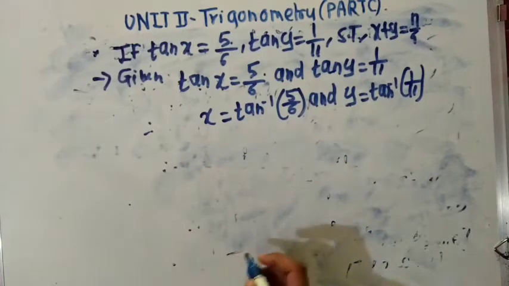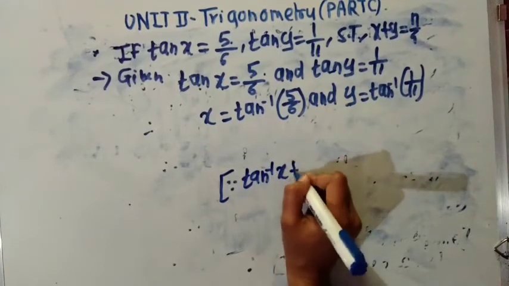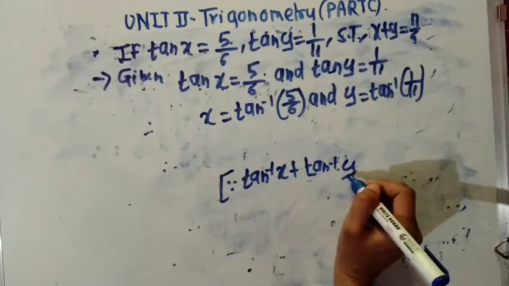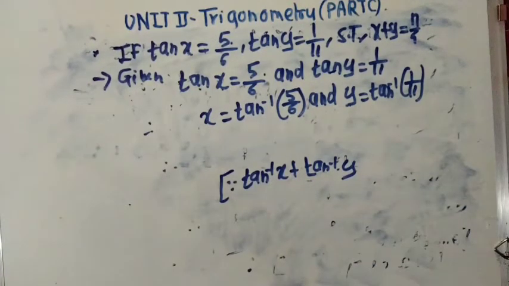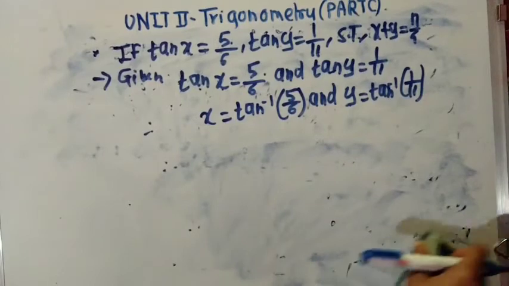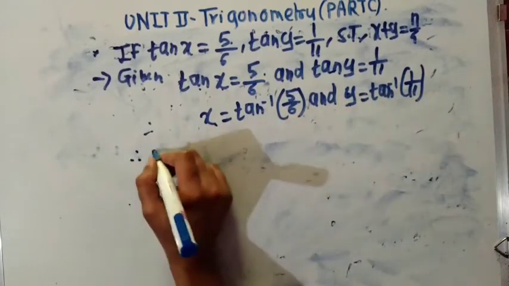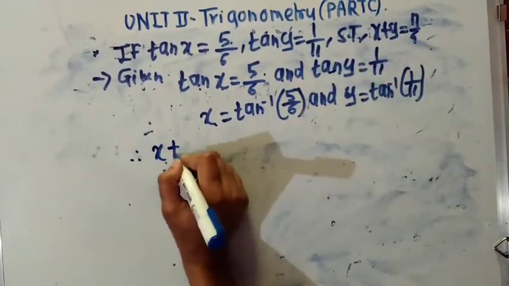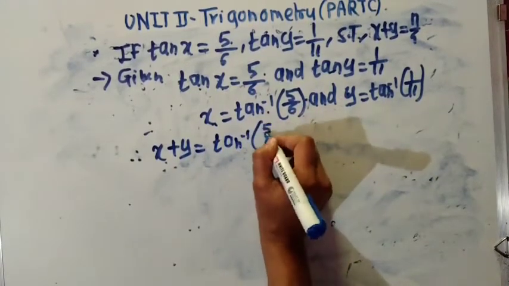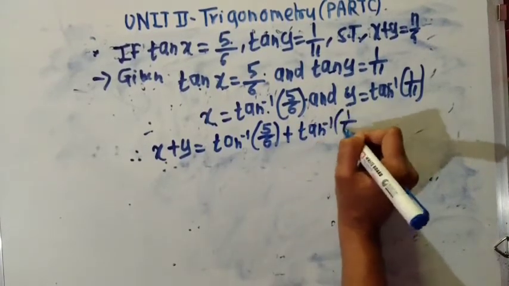But since we know that tan inverse of x plus tan inverse of y, here we find out x plus y. So x plus y is equal to tan inverse of 5 upon 6 plus tan inverse of 1 upon 11.